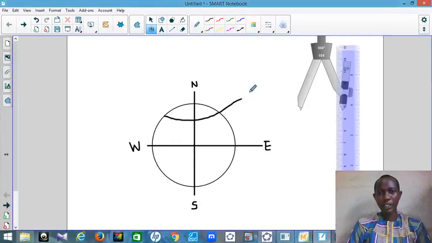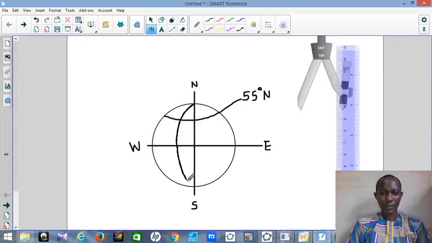Make sure you label it. This is 55 degrees north. Then 33 degree west. We go towards west like this. This is what you do when you want to submit on paper. Make sure you label, very, very important.